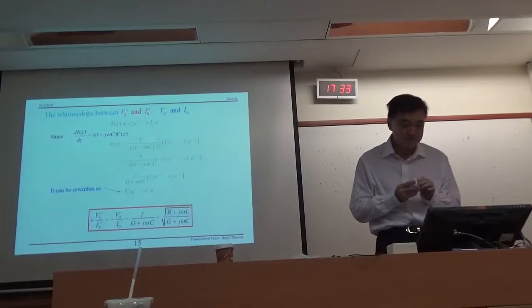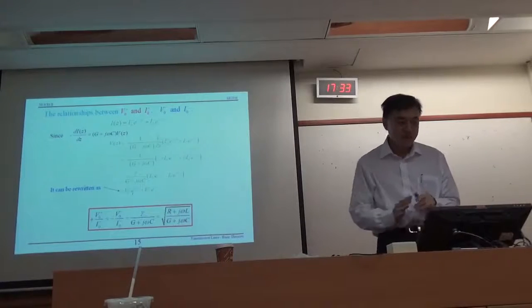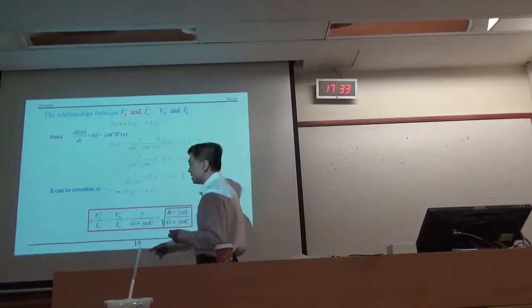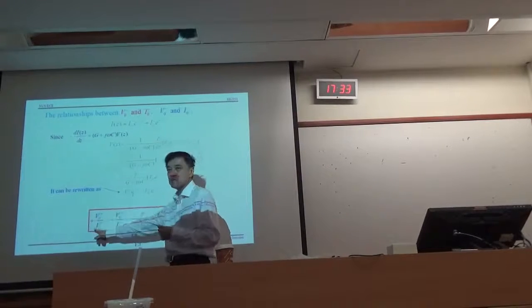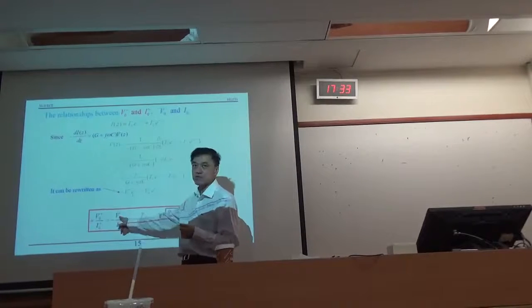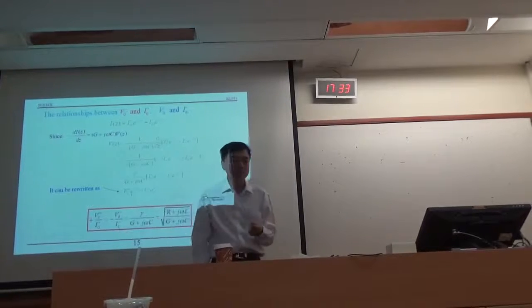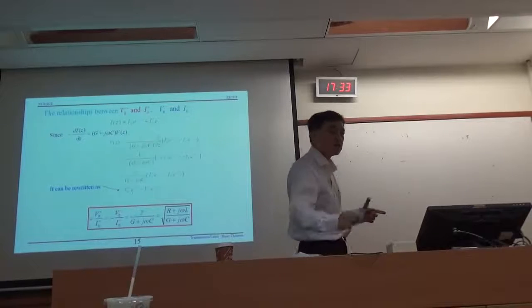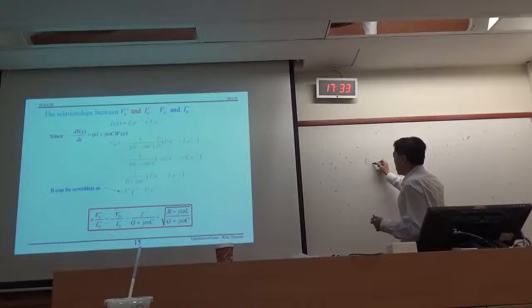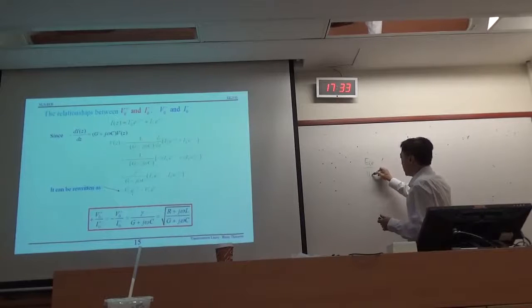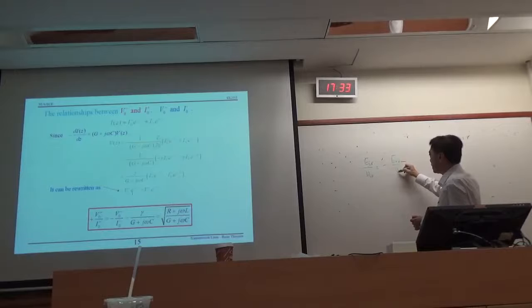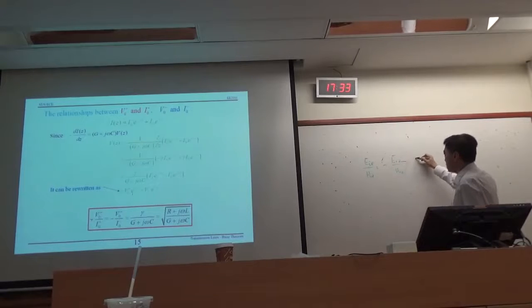Now, the ratio between the incident voltage and incident current, which is equal to minus the reflected voltage over reflected current, is once again the same as EI naught over HI naught, which is equal to minus ER naught over HR naught, which is equal to zeta.